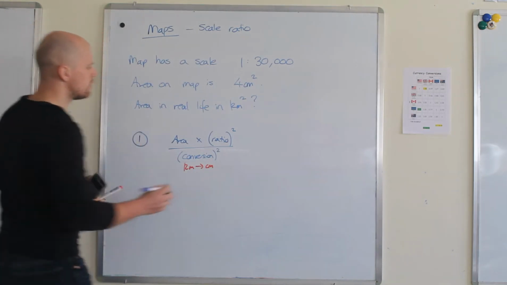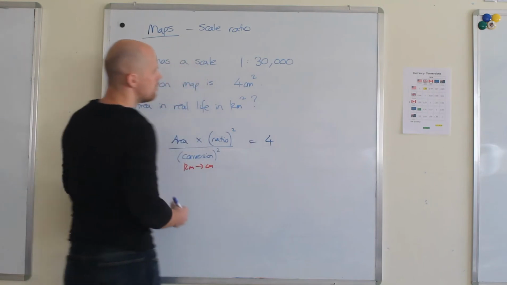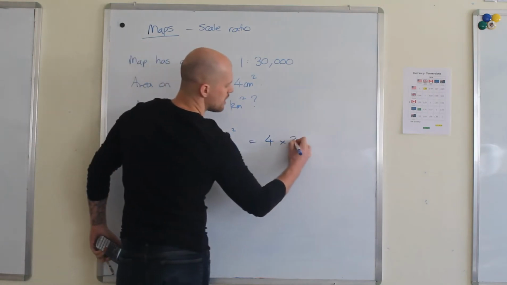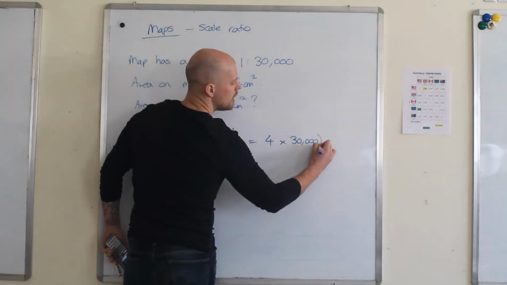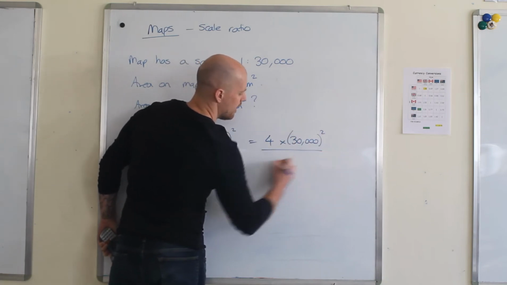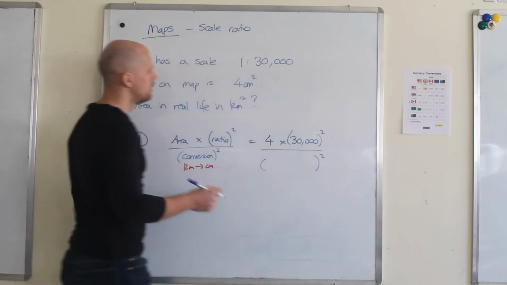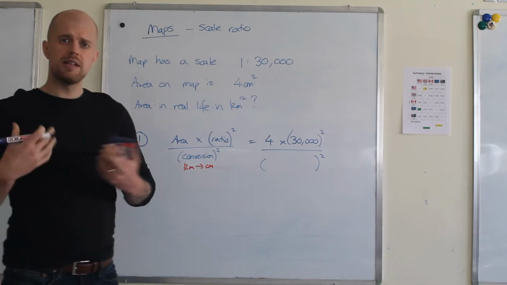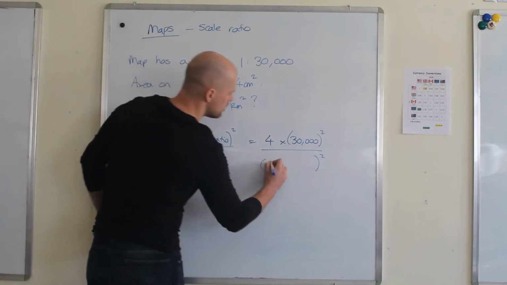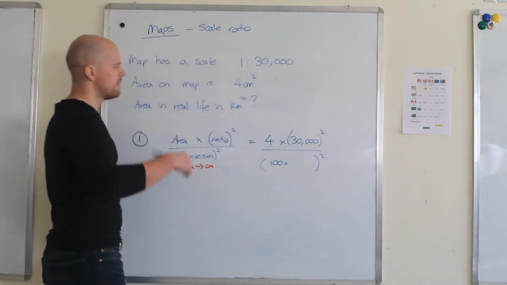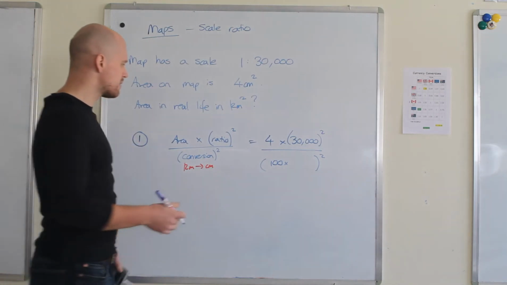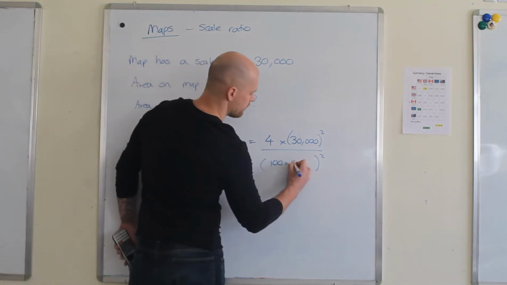Now the area is 4, so I put in 4. My ratio is 30,000, so I times by 30,000 squared. And now I'm going to divide. A centimetre into a metre is 100, so I put in 100. And 1 metre into a kilometre is 1,000, so I put in 1,000.